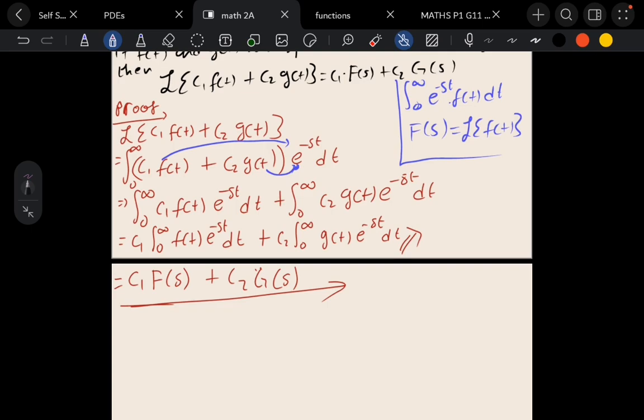Right. So what does it mean to have the linearity principle? It means that you can take the Laplace transform of different functions by adding them.